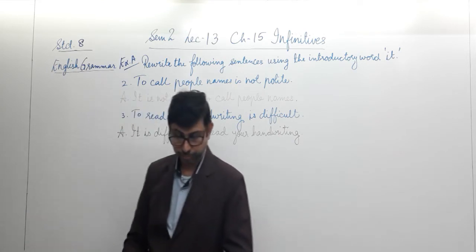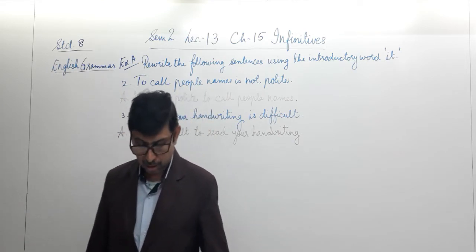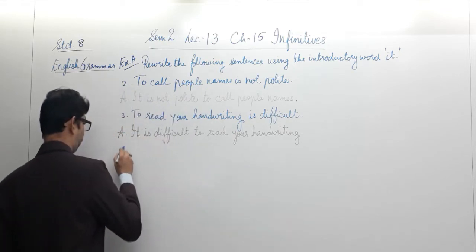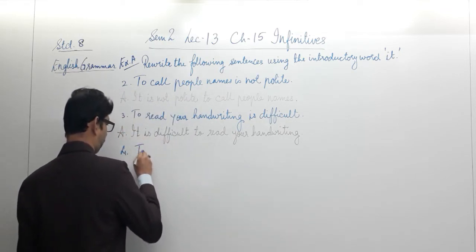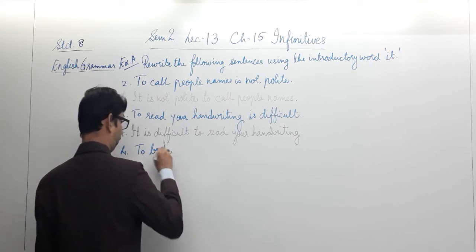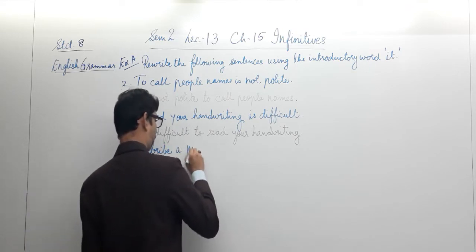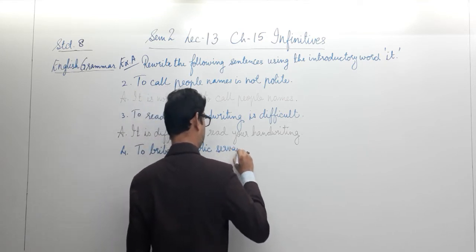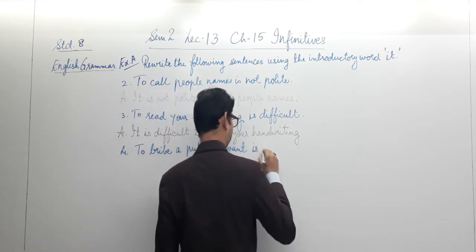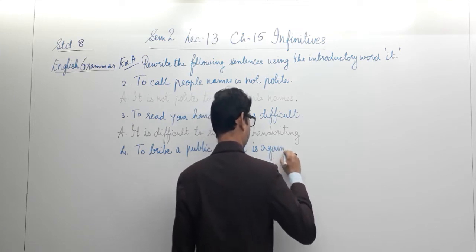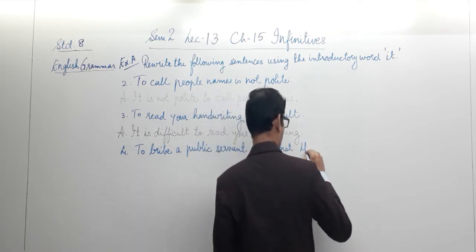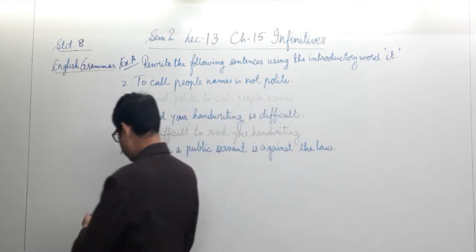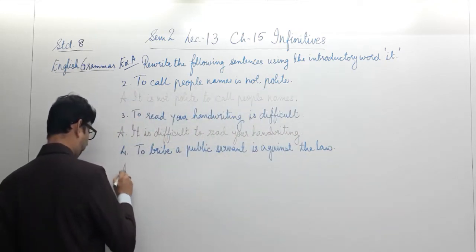Number 4. To bribe a public servant is against the law. Rewriting this with the introductory it.